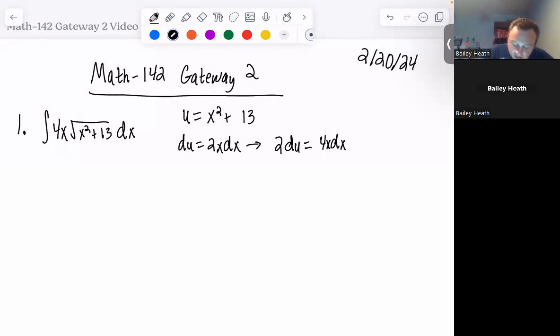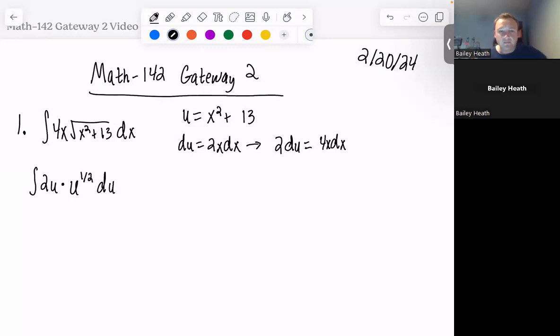So actually, if I make this u substitution, we can rewrite this as 4x dx is equal to 2 du. So I'm going to get a 2 times, and then this root x squared plus 13 just becomes root u, which is the same thing as u to the 1/2.